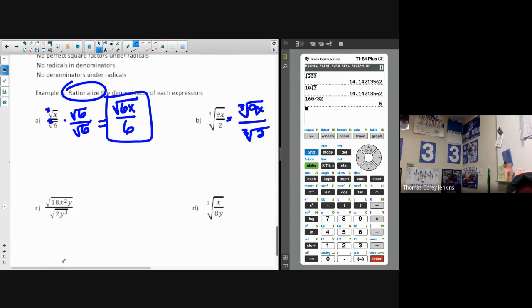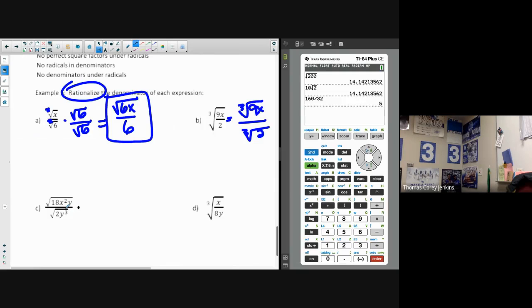All right, so let's maybe look at just one more, and then I'll leave a last one for you. Okay, so let me do C. Okay, so square root. So we're thinking perfect square. So there are a couple things you could do there. You could just square that, so you could multiply by another square root of 2y cubed.